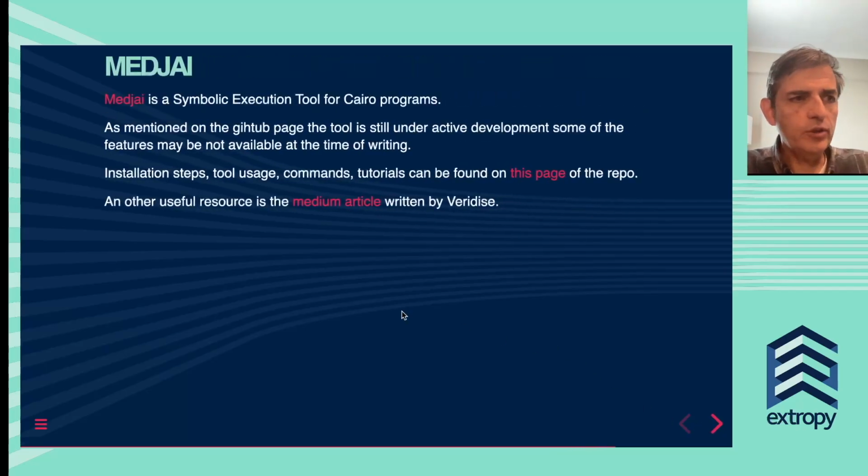Now, moving on then to a different type of tool. A symbolic execution tool is quite different to a static analysis tool. With symbolic execution tools, what they try to do is rely on some details in the code that indicate that there is an incorrect state.